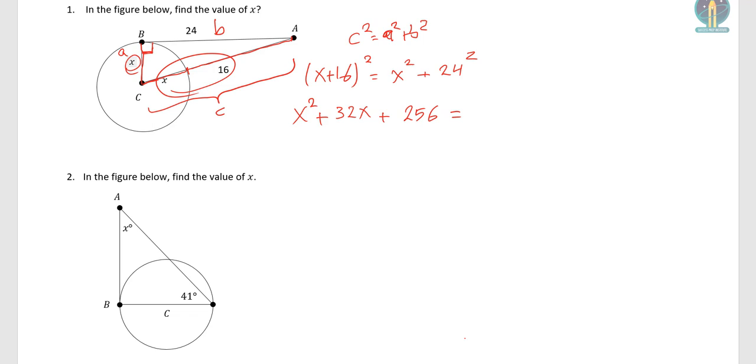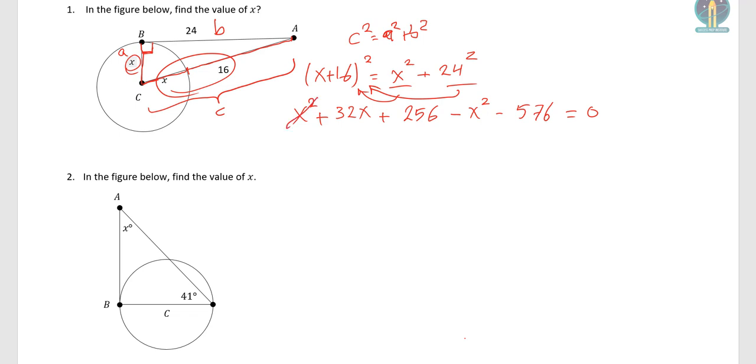Or I could have said minus x squared minus 24 squared, which is 576, equals 0. Okay, I basically brought both of these to this side by subtracting x squared and subtracting 24 squared.